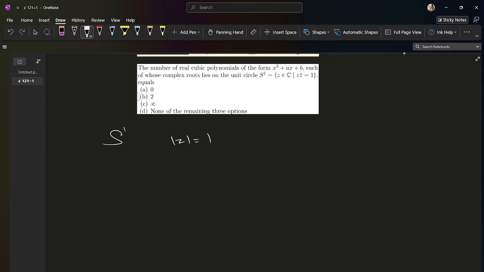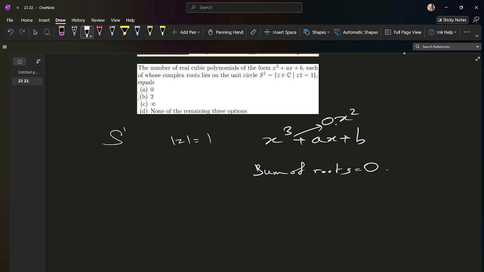Since the polynomial is monic and of this form, the coefficient of x square is 0, so the sum of roots will be 0. This implies that the roots are symmetrically distributed on the unit circle.